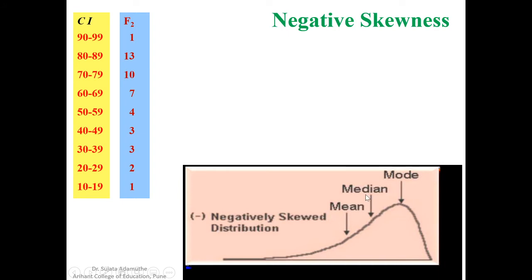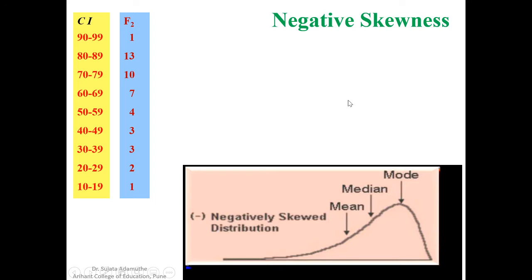If we calculate the median and mean, the mean always comes on this side, on the left side, and the median always comes in between the mean and mode, so the median will come here. This is called a negatively skewed distribution or negative skewness.